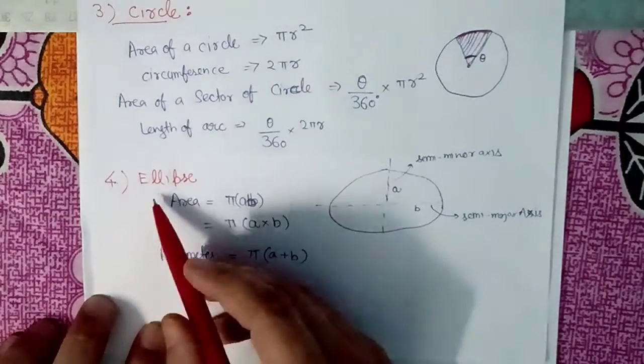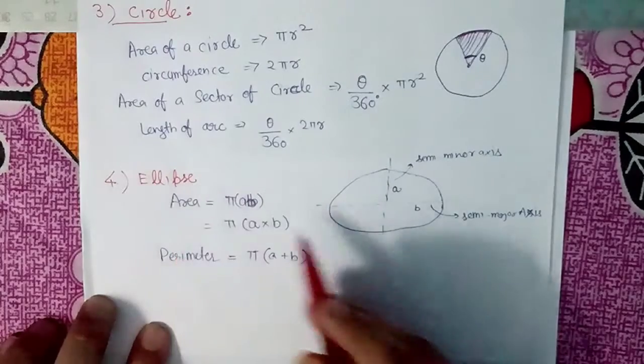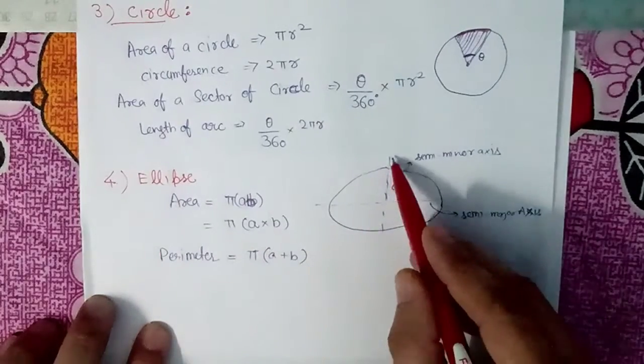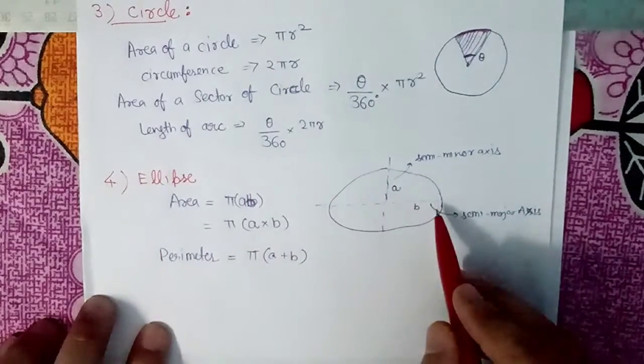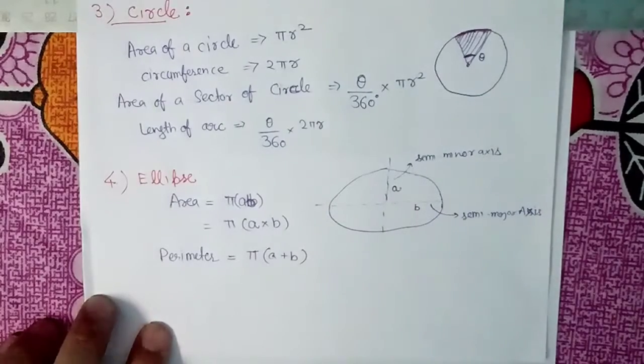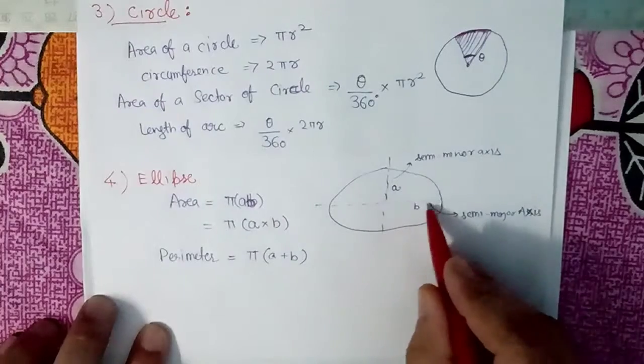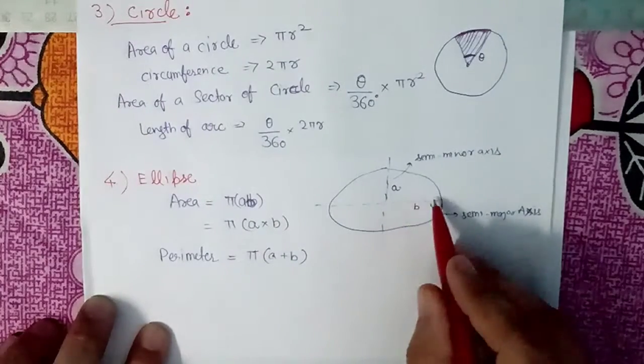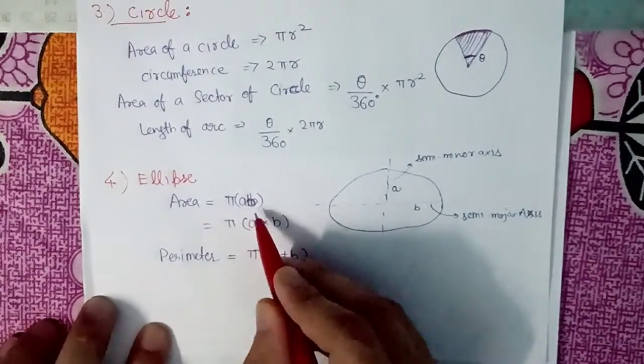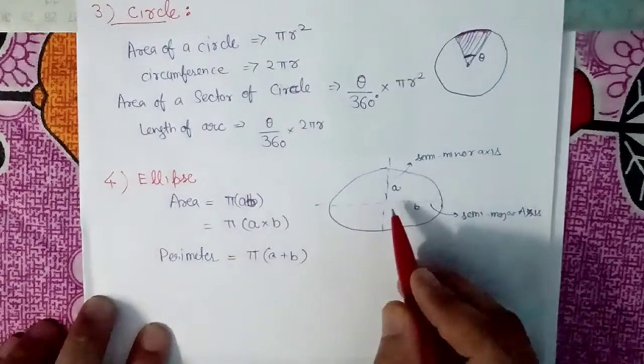Next structure, ellipse. This ellipse is basically a structure which is generally egg type, and this is known as the semi-major axis, and this is the semi-minor axis. Pi into a into b will give you the area of this ellipse.